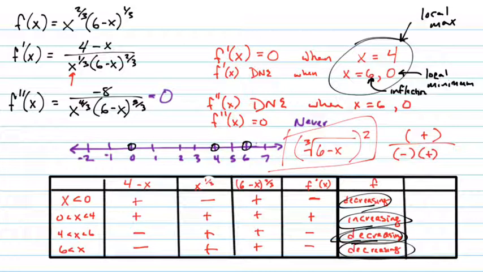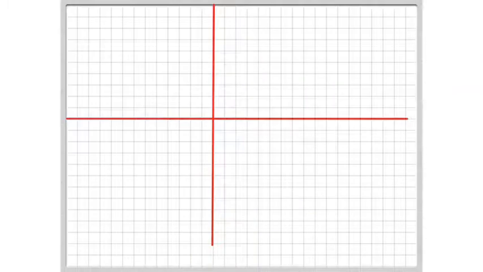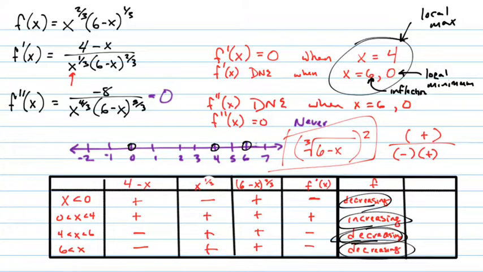So if we were to draw this using that information, we're just going to do a quick sketch. We don't have to get super detailed. Let me pull up a quick graph here. Now, since I have my local max and local minimum there, it might be helpful to know what my values are.